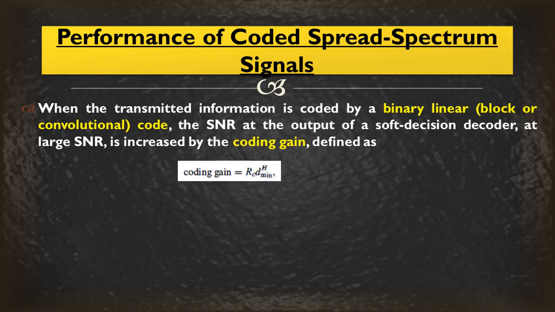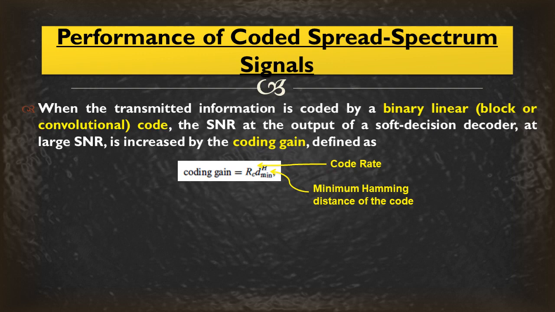This coding gain can be calculated by using a standard formula, which is given by RC into D minimum H, where RC is nothing but the code rate. That means it is the rate at which the codes are generated in the channel coder, and D minimum H is the minimum Hamming distance of the code.